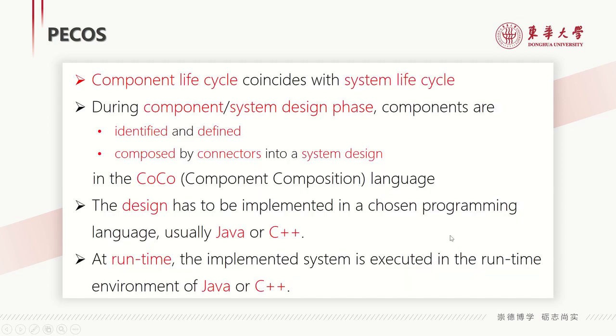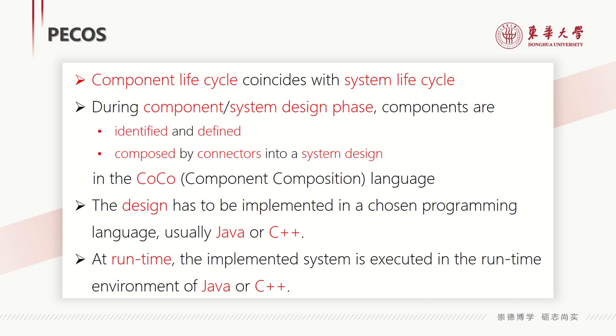So the component lifecycle coincides with the system lifecycle. This one tackles the component lifecycle, just like Acme and UML 2.0. During the component system design time, components are identified and defined, and composed by connectors into a system design in the COCO language. The design has to be implemented in a chosen programming language, usually Java or C++.